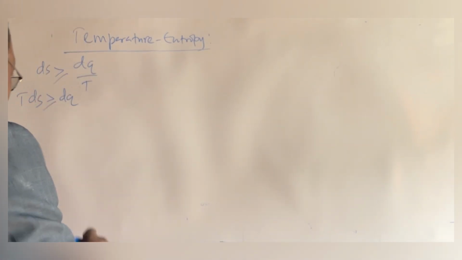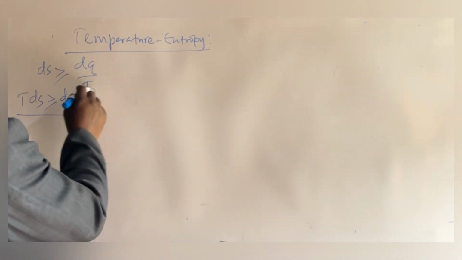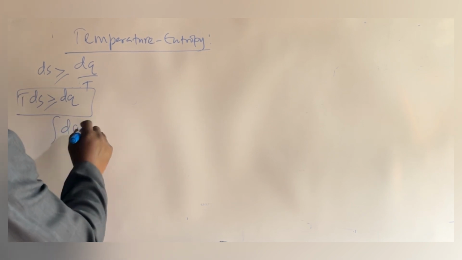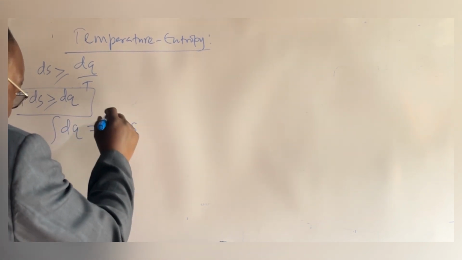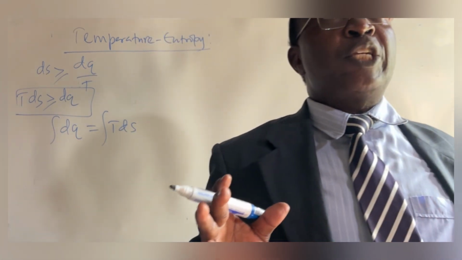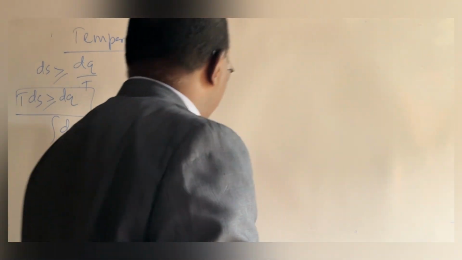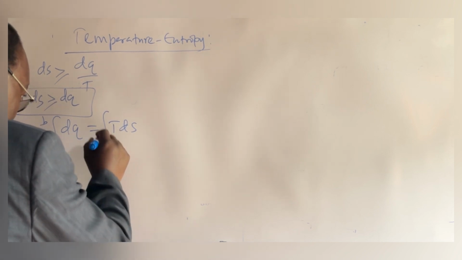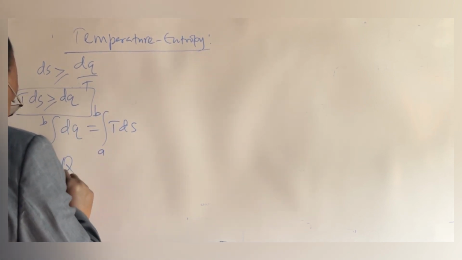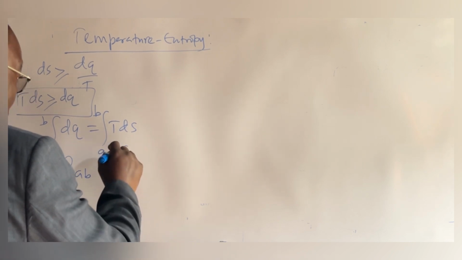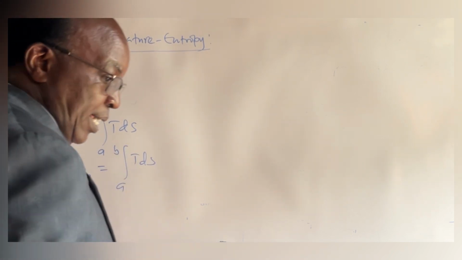So if we integrate this quantity, then dq will be T ds. And if we call the path with which we supply heat some path A to B, then the heat supplied QAB will be given by the integral A to B of T ds.